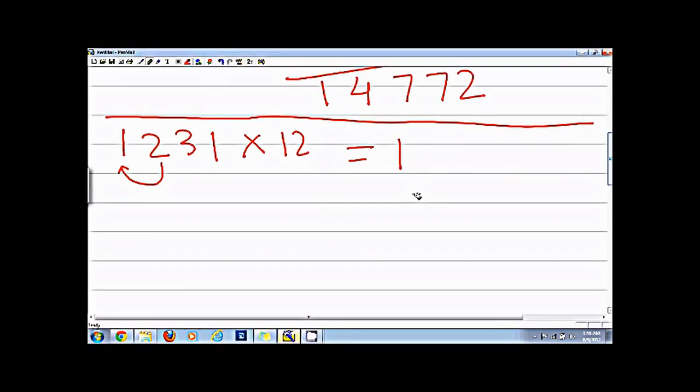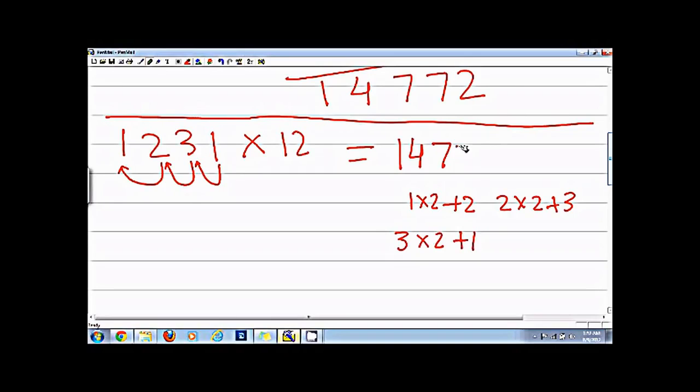So I will say 1 into 2 plus 2, that is equal to 4, and then I will add 3, but I multiply 2 by 2 before, so I'll say 2 into 2 plus 3, that is equal to 7. Then here I add 1, but I multiply 3 by 2, so it will be 3 into 2 plus 1, that is equal to 7, and then I just multiply 1 by 2, so 1 into 2 is 2. So the answer is 14772.